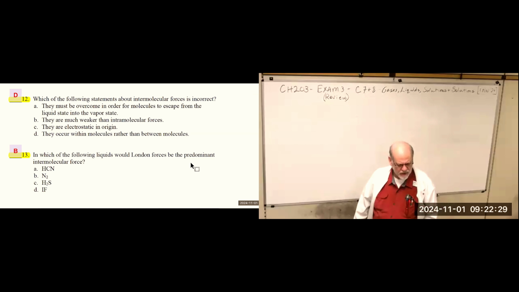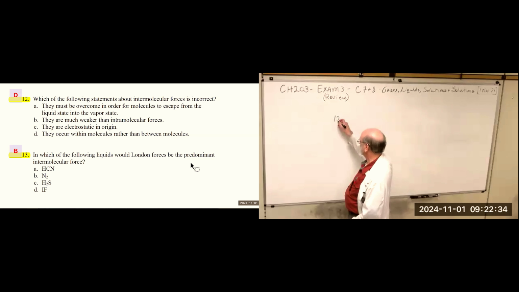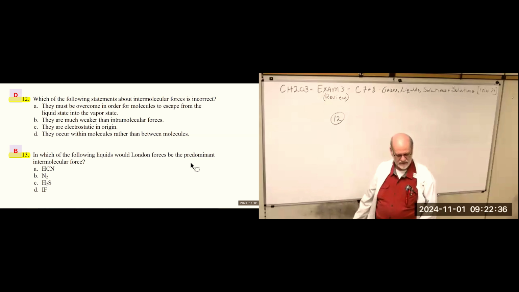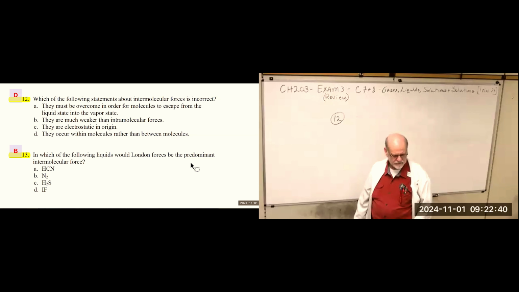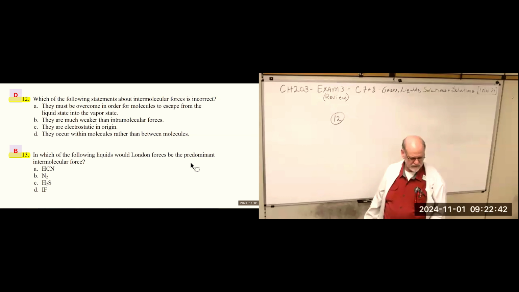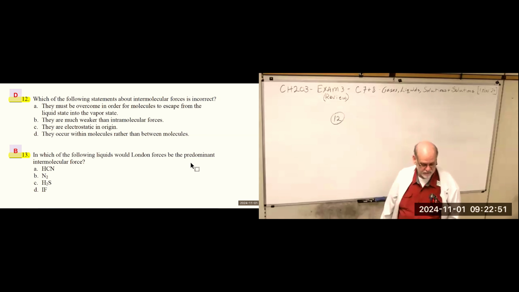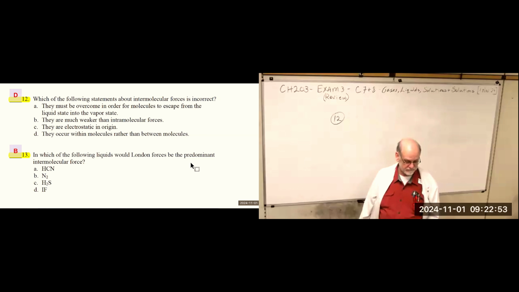Okay, 12. Which of the following statements about intermolecular forces is incorrect? All right. So it looks like they're all unique statements. We have to find the one that's incorrect. A says they must be overcome in order for molecules to escape from the liquid state in the vapor state.